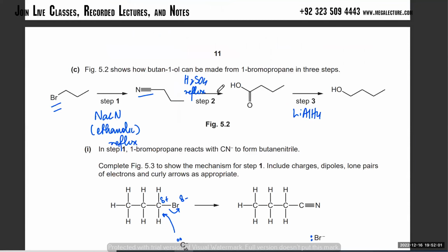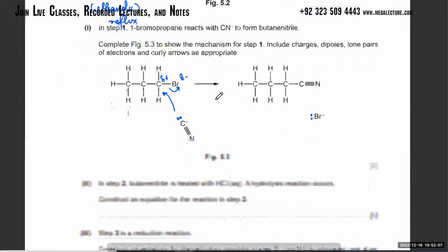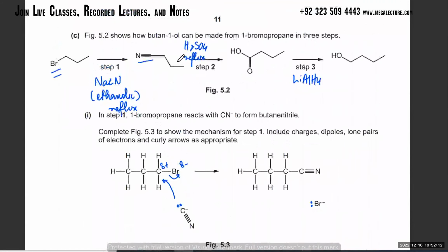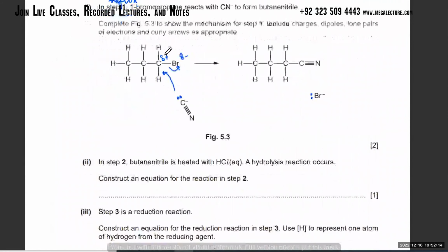Achha, construct an equation for the reaction in step number 2. Dilute H2SO4. Now he's actually asking for the full equation. So what happens is that CH3CH2CH2CN, if you heat it with H2SO4, is going to turn into a carboxylic acid.